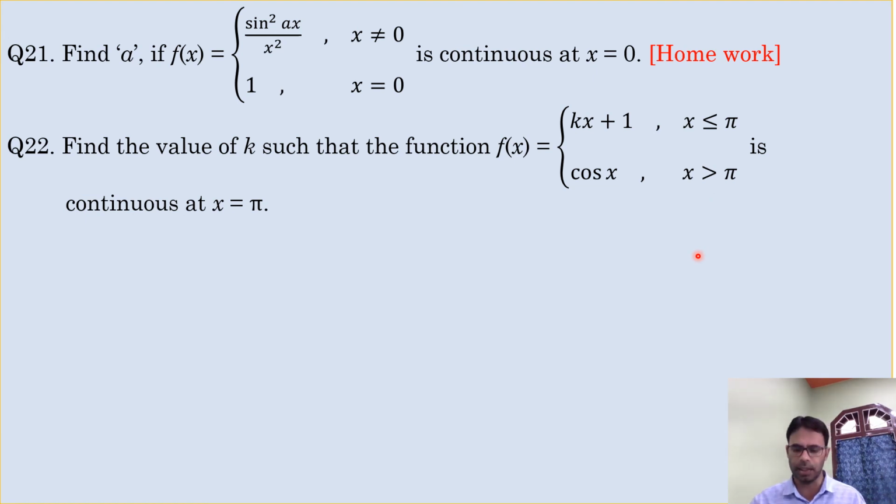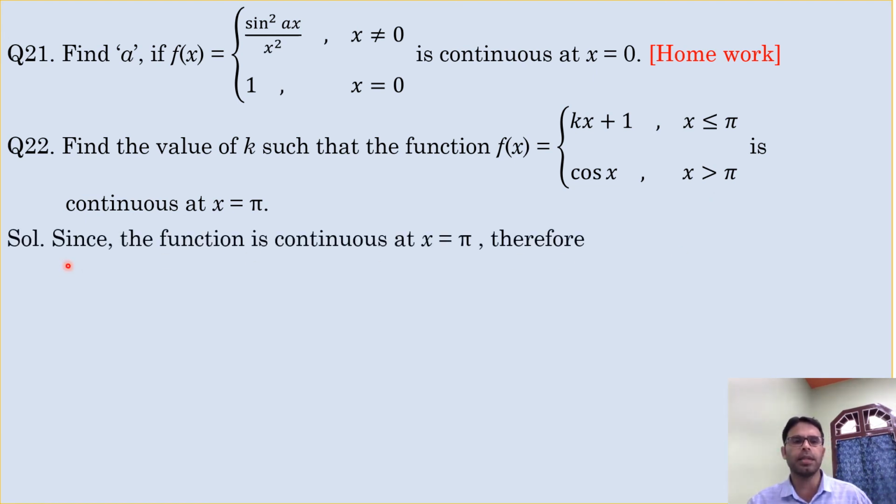So we begin with that line. This is the condition for the function to be continuous. Then using f(x) here, for less than pi, f(x) is taken as kx plus 1, and for greater than pi, f(x) is taken as cos x.